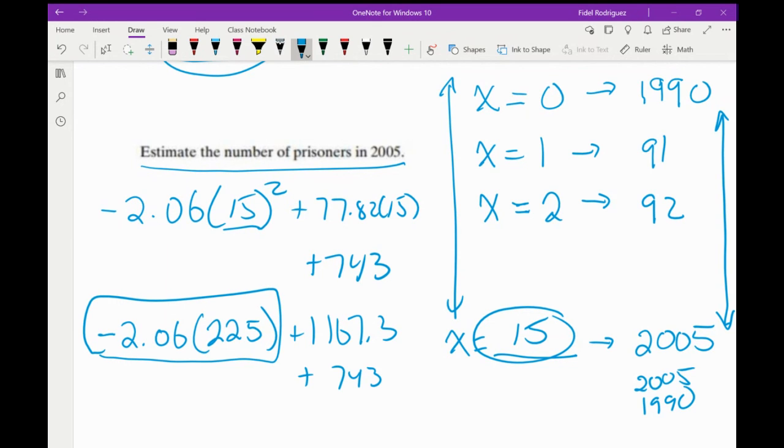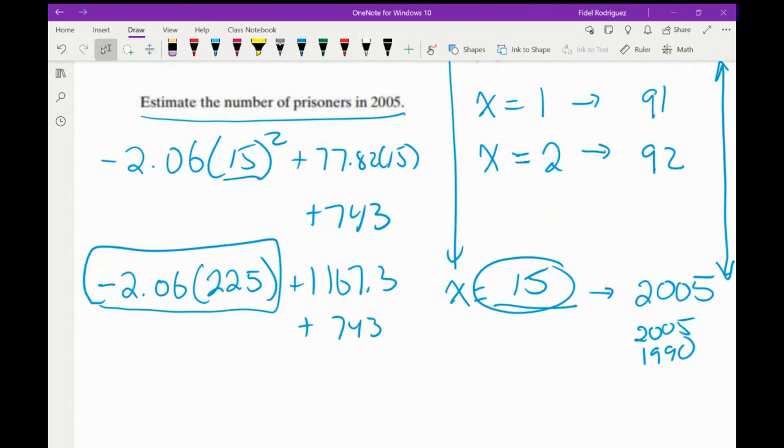Okay. Now I'm going to go ahead and multiply this part out. So 2.06 times 225 is, so now I got a negative 463.5.